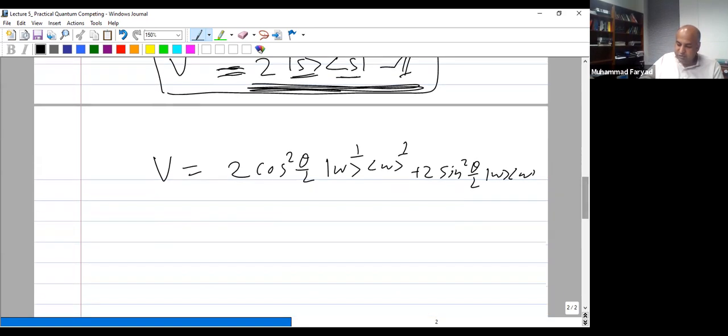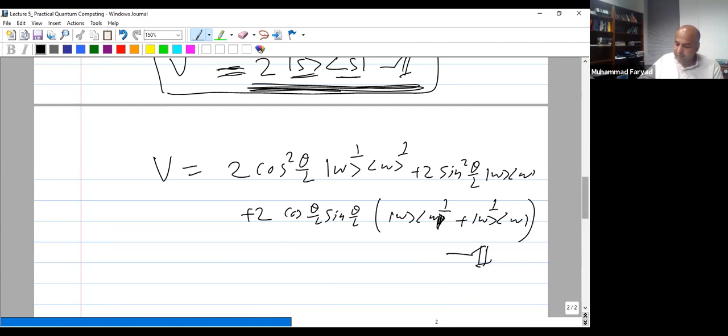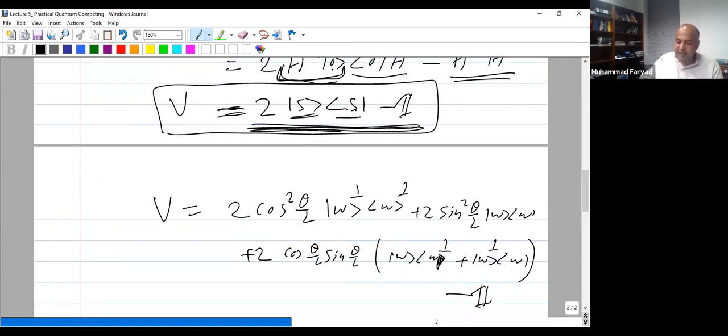And I would encourage you to work it out for yourself. Plus 2 cos theta by 2 sine theta by 2 times |W><W perpendicular| plus |W perpendicular><W|, minus I. So I just substituted S here and collected the product terms.